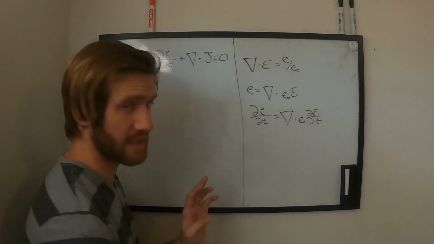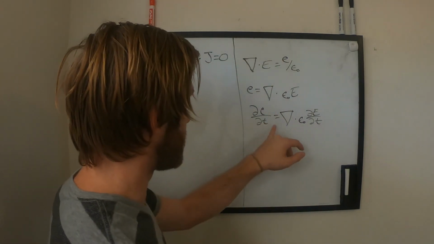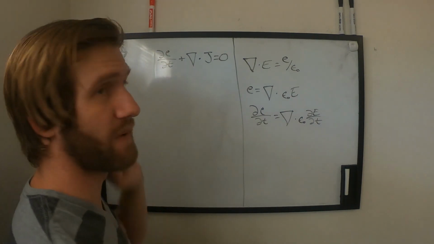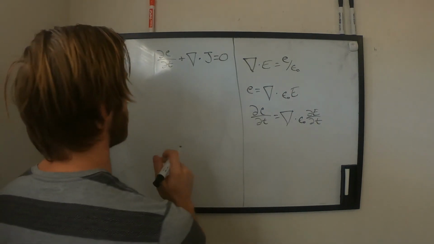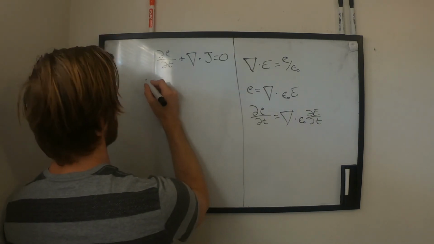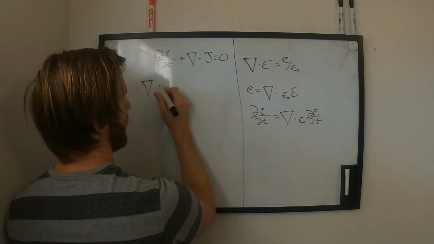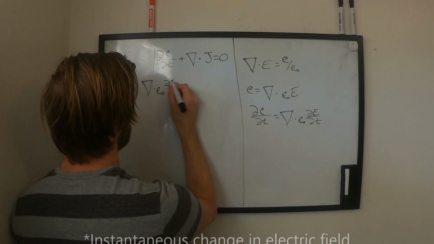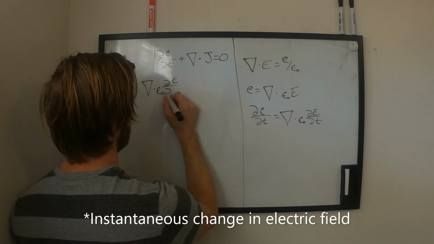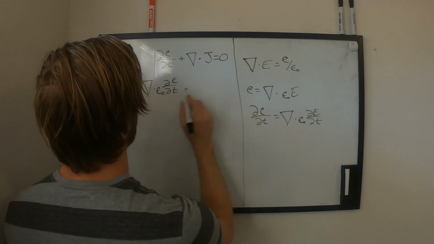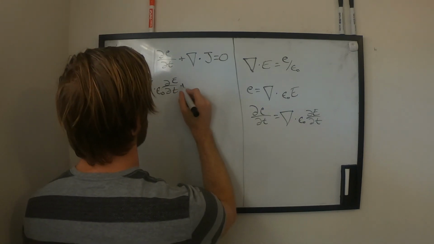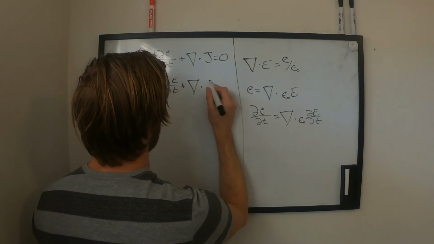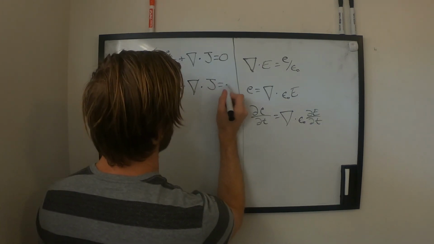Okay, at this point now, we can take this equation and plug it in for this other factor of d rho dt. So that will give us our gradient operator times epsilon naught times the change in electric field, dE dt, and that is going to be added to del times the current, equal to 0.